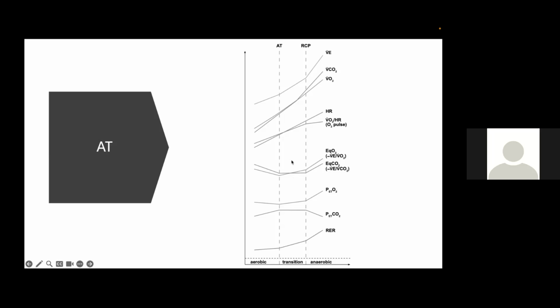So from several methods, we can know, not exactly, but roughly what the anaerobic threshold is by looking into the curves and the progression of many parameters. Usually we don't depend on one parameter, but we look at many parameters to identify the anaerobic threshold.